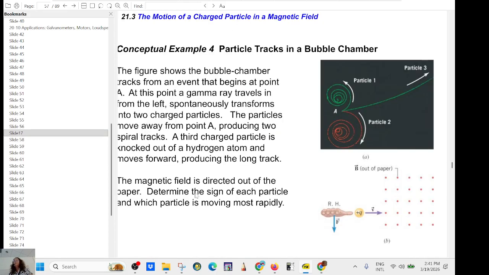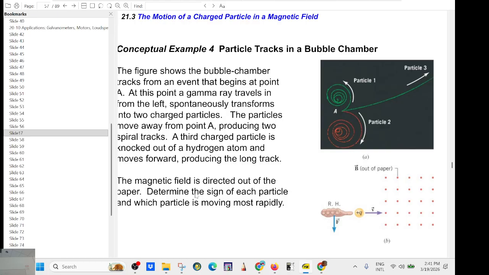Okay, coming back. Test number 3 here. Okay, let's say the magnetic field is coming towards you. Towards you. The green one, is it positive or negative?